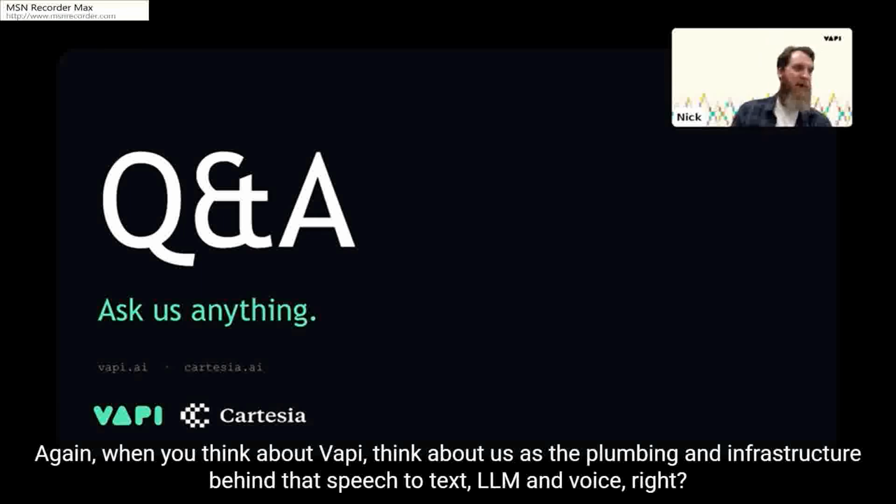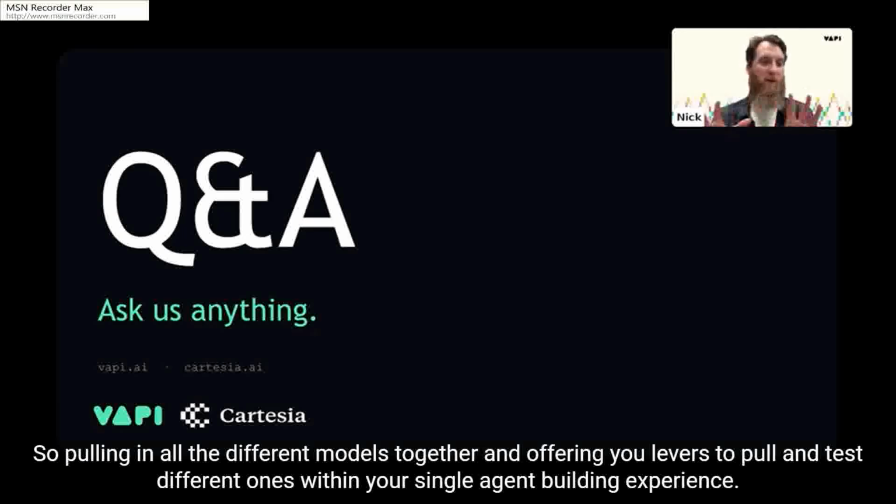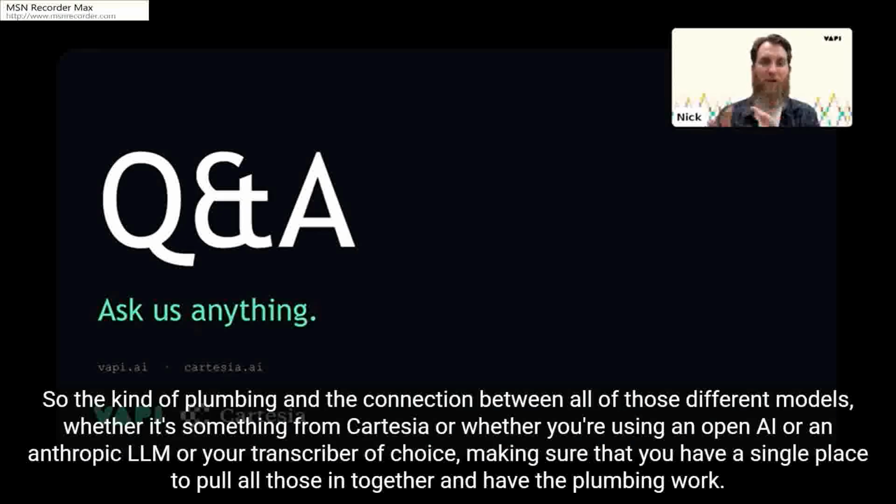We pull all the different models together and offer you levers to pull and test different ones within your single agent building experience. It's the plumbing and the connection between all of those different models, whether it's something from Cartesia, an OpenAI or Anthropic LLM, or your transcriber of choice, making sure you have a single place to pull them all together and have the plumbing work.